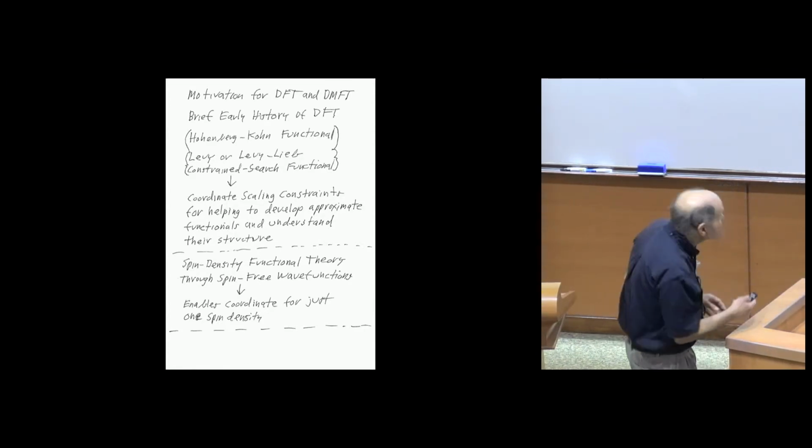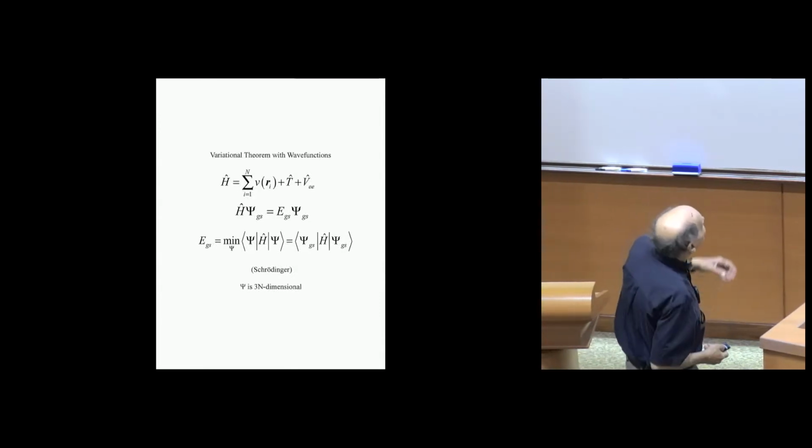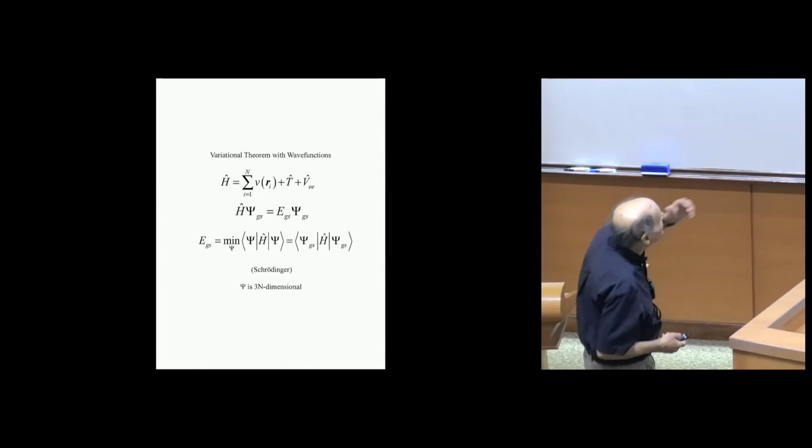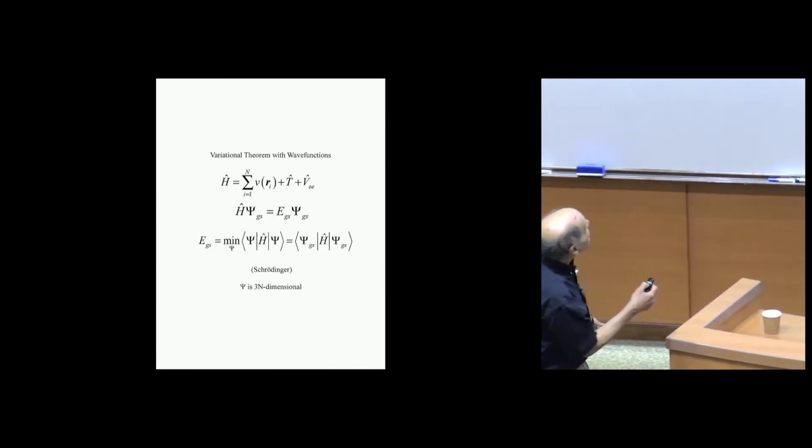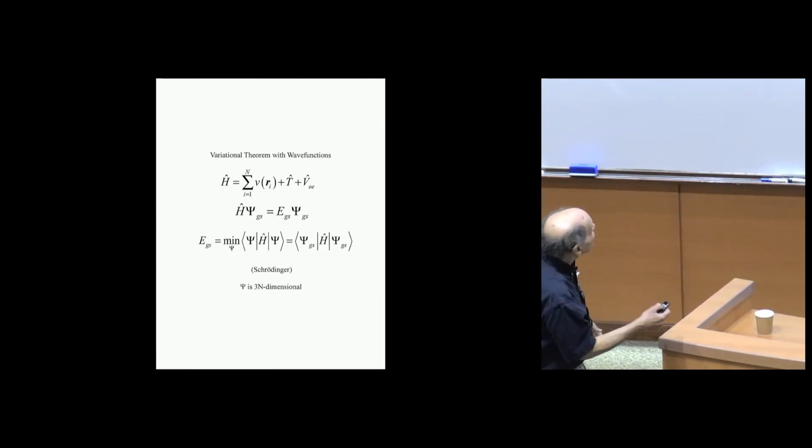Okay, so obviously this is our problem here. The Schrodinger equation, difficult, as we all know. It's one of the reasons we're all here, is that it's a complicated problem, 3N dimensional.